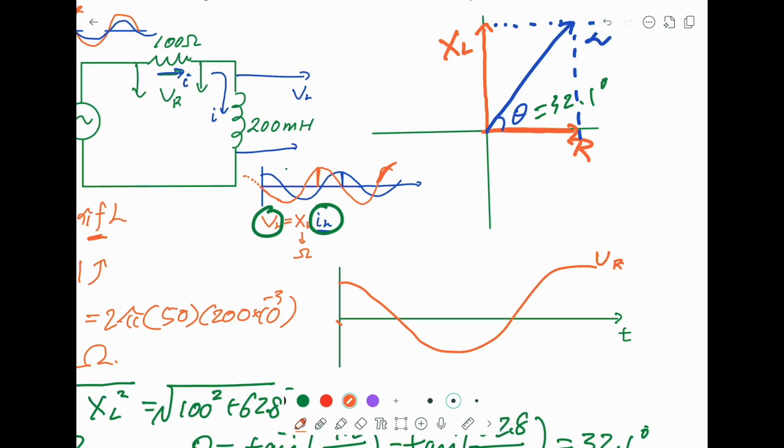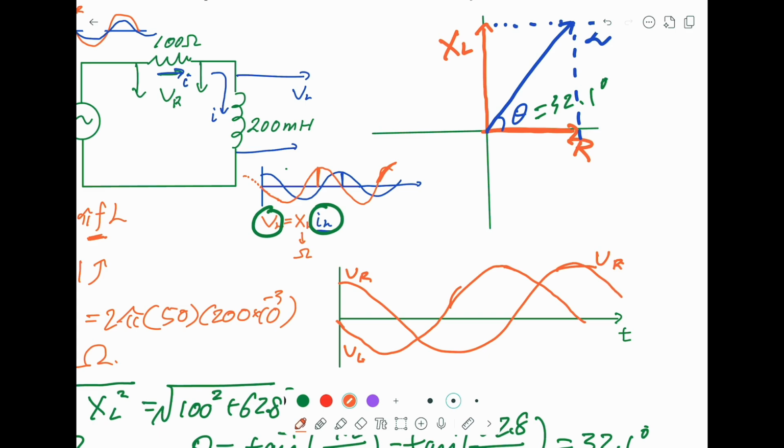This voltage may or may not be exactly the same amplitude, but I assume so. This is VR, this is VL.